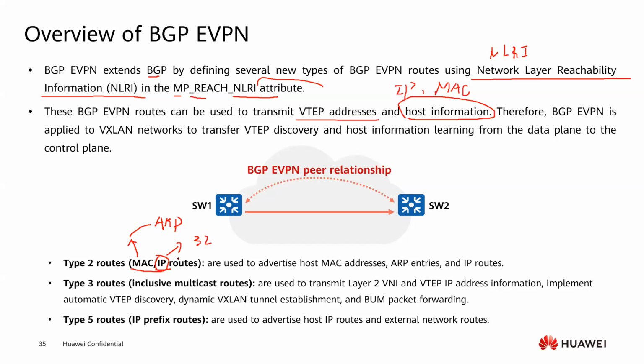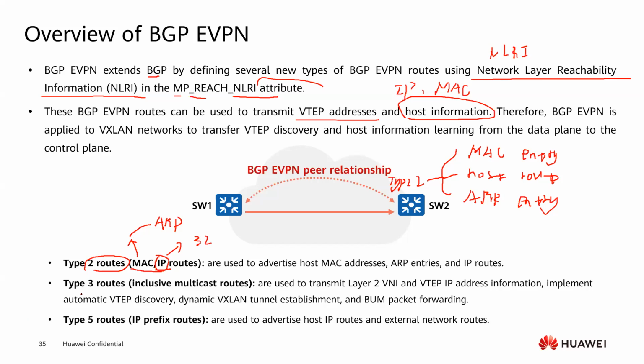So type 2 routes carry the host information, which can be a MAC address entry, the host route, and also the ARP entry. So one route can be used for different entries.